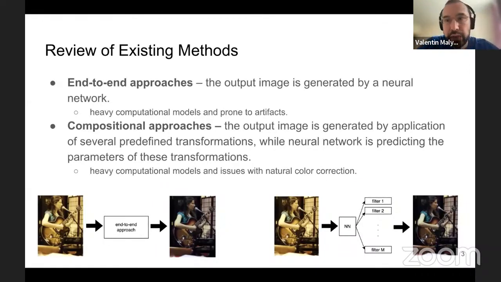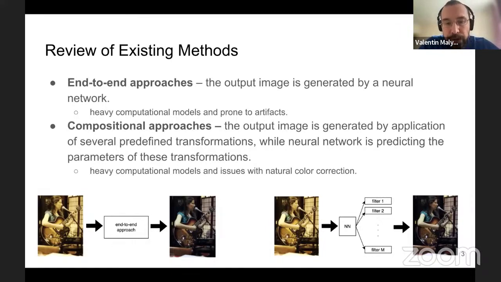Okay, so about the existing methods, there are two types of existing methods. The first type is end-to-end approaches. So we take some huge network, really heavy in computational way, and this network will be improving the image as a whole. So it will maybe not be the best solution in some cases. And another approach, which at least for me seems to be more perspective, is the compositional one.